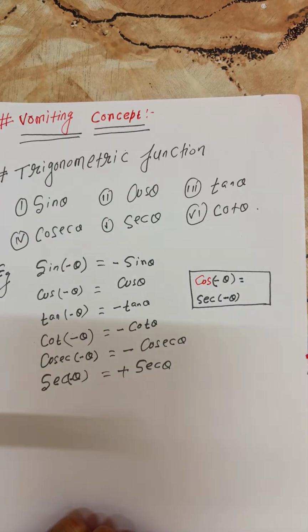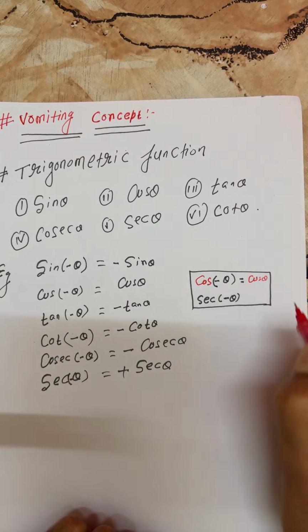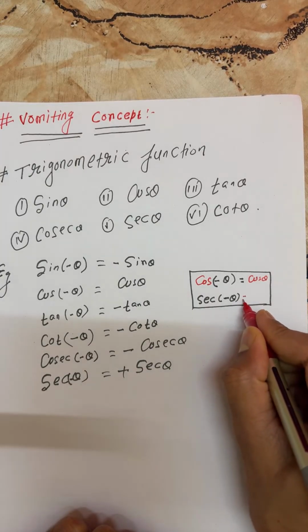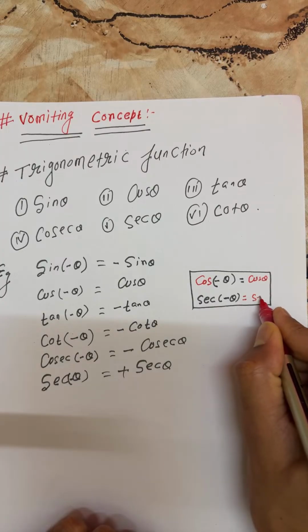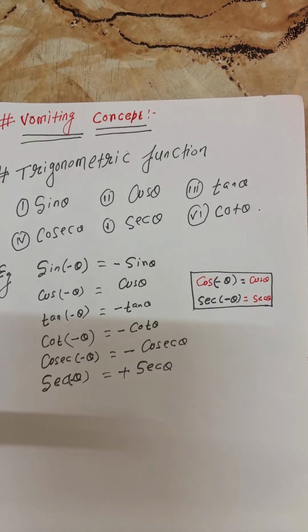So cos of minus theta will be cos theta, and sec of minus theta will be sec theta. This is the condition here.